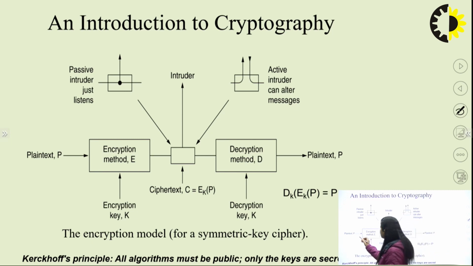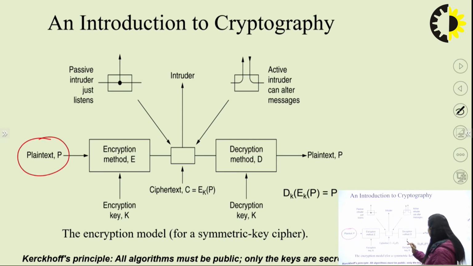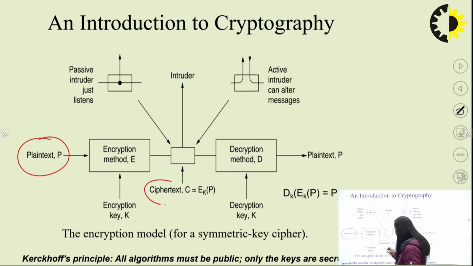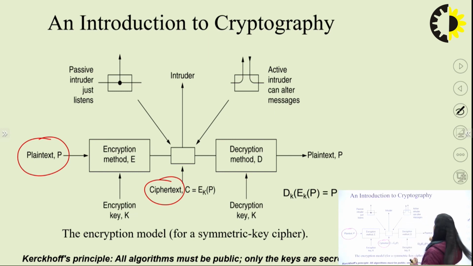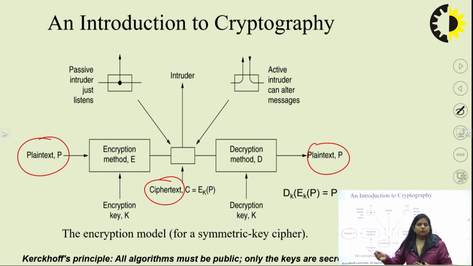So, we say plain text is converted into ciphertext, and then that ciphertext will again be converted into plain text, right. How it is getting converted into ciphertext, what the ciphertext is, and how it is decrypted again, and then the receiver will get the original message.